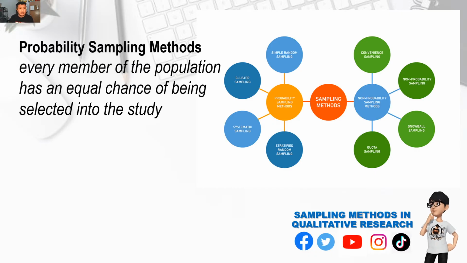Now, ano-ano itong probability sampling method? So, ang difference niya sa non-probability is this. I've already mentioned this earlier. Sabi ko sa unang part ng discussion natin. Every member of the population, yung totality ng respondents ninyo, yung kabuuan, has an equal chance of being selected in the study. So may chance lahat na mapili kasi walang sistema, walang pattern ng pagpili.